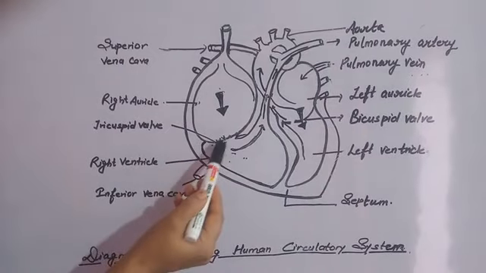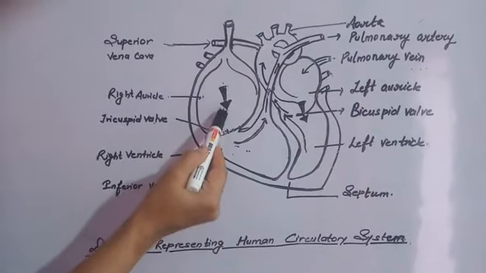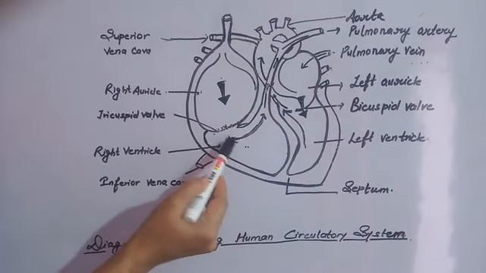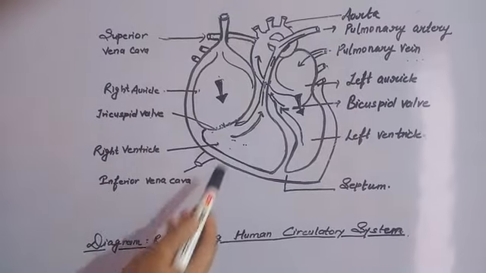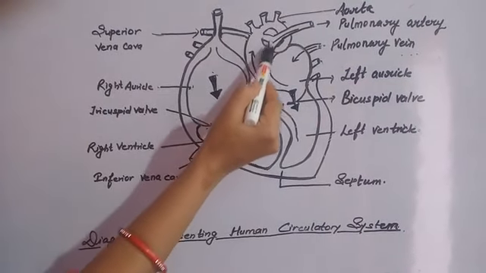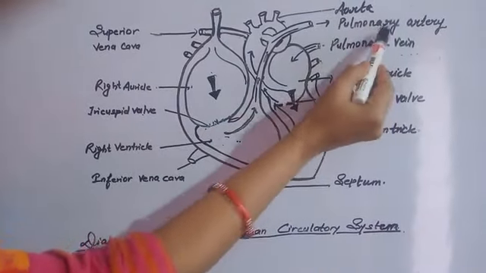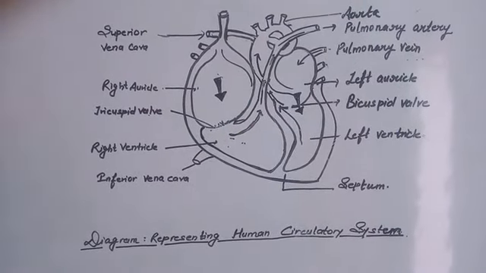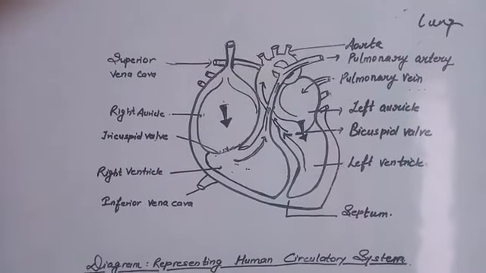Which passage? The valve is closed, because after the blood enters from the auricle into the ventricle, this valve closes. Then where will the blood go? Yes, the blood will go into the pulmonary artery. The name pulmonary means the lung is present. Through the pulmonary artery, it will enter into the lung.